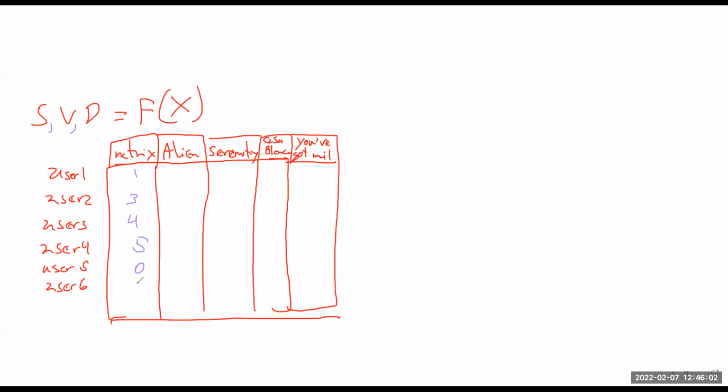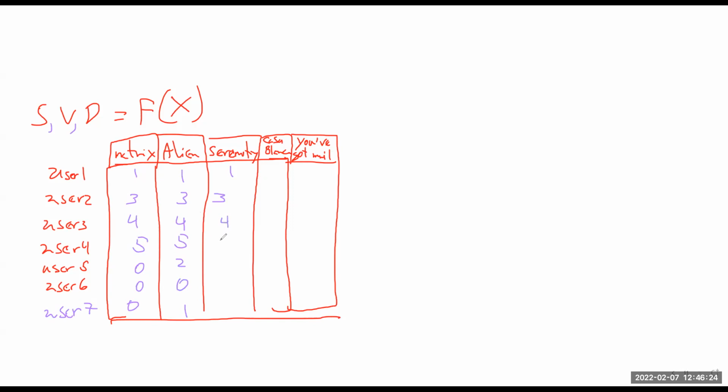0, 0. This is user 7, 0. And then you have, say, 1, 1, 2, 3, 4, 5, 2, 0, 1.